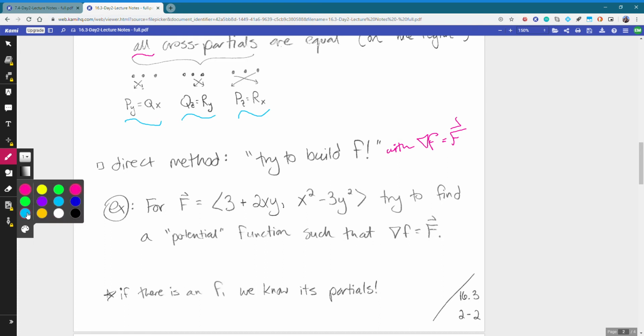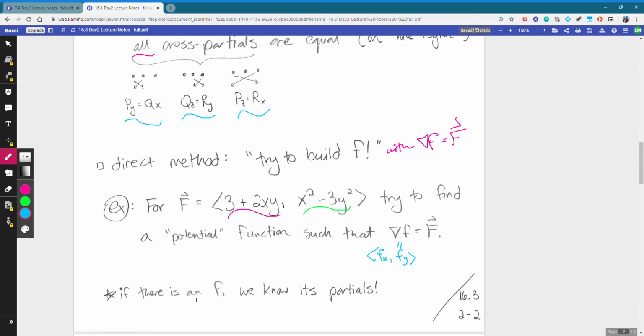And the idea to get us started, that really is the engine behind this method, is, well, if such a function exists, and the gradient of that function equals our vector field, well then we know what the 2 components of our vector field equal. Right? Thinking about how gradient fields work. Right? The x component is fx, and the y component is fy.